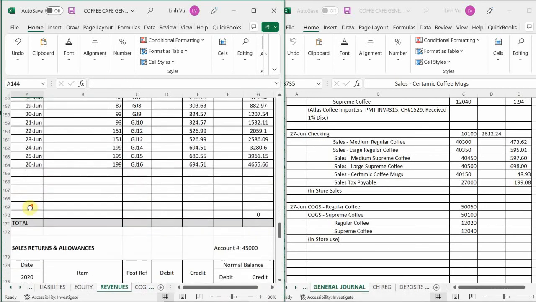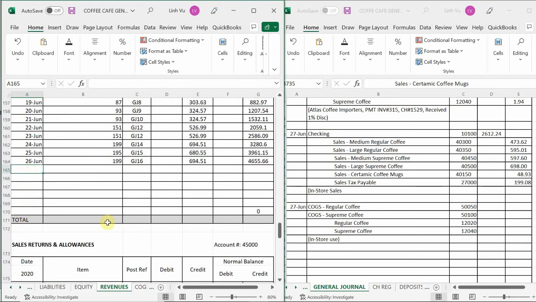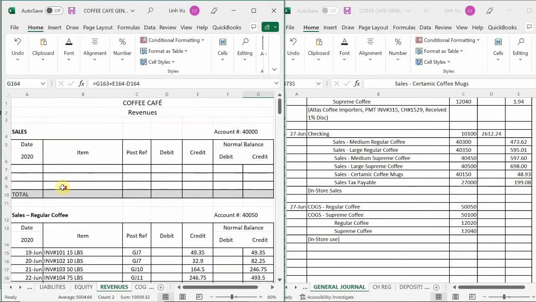Supreme large on the 27th, we sold 200 cups for 698 even. That should give you $5,353.66. And then back up to the ceramic mugs.